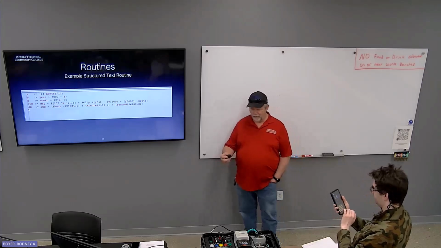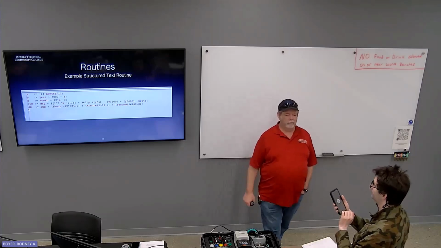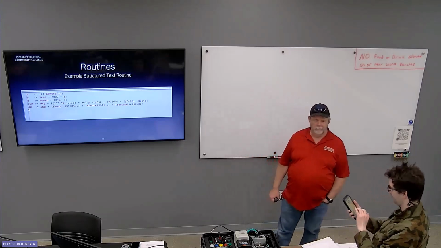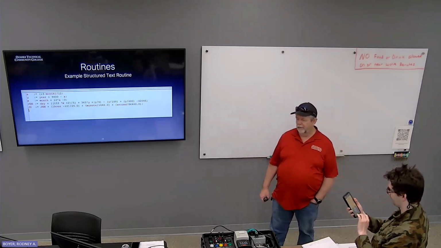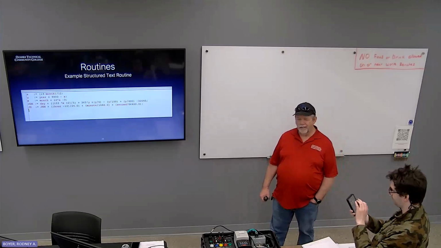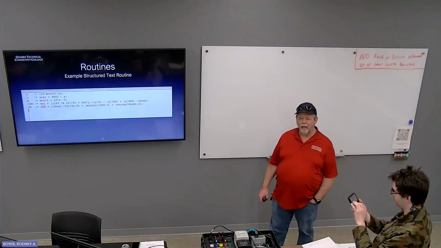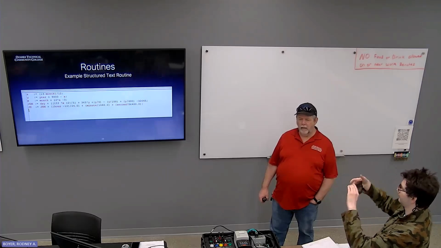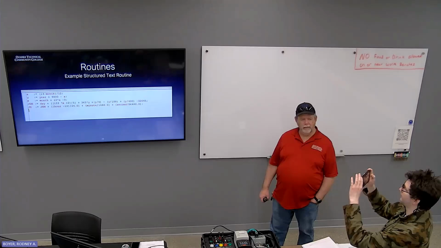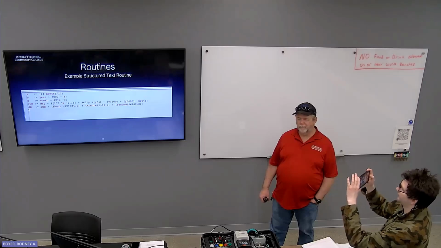I have no idea what they're trying to calculate there, but you can kind of follow along. It's not terribly dissimilar from like Python or JSON type syntax, a little bit.